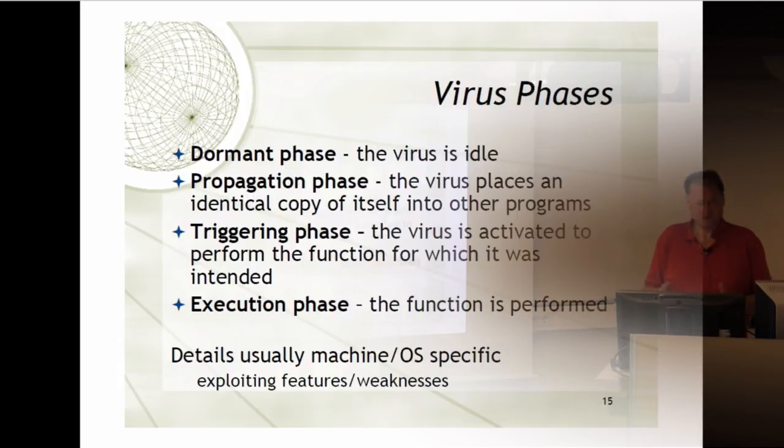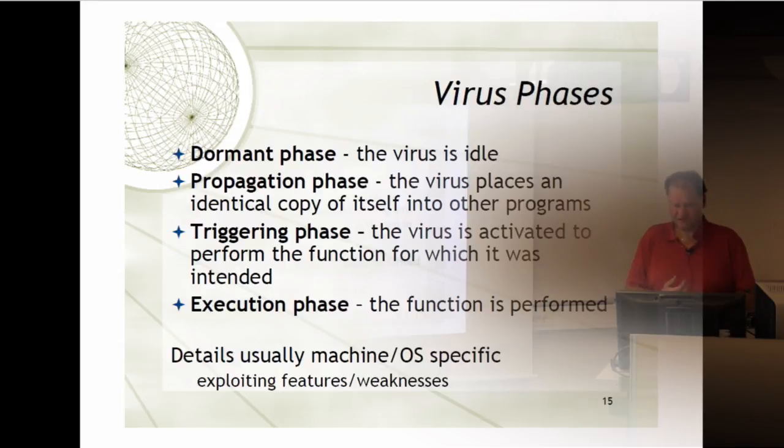That can be a short while or a very long time, depending on the virus. It has a propagation phase, and during the propagation phase, the virus tries to spread, replicate itself, typically by finding other programs in the same system that it can spread to.